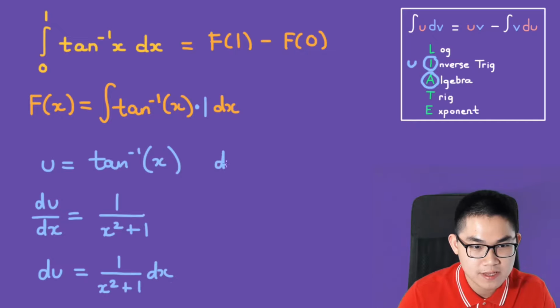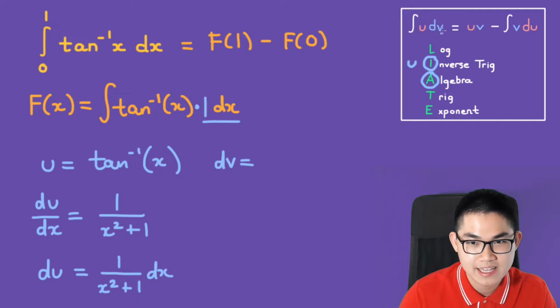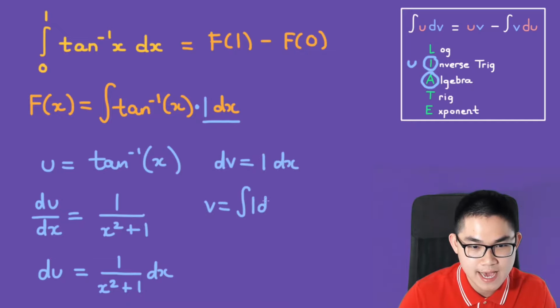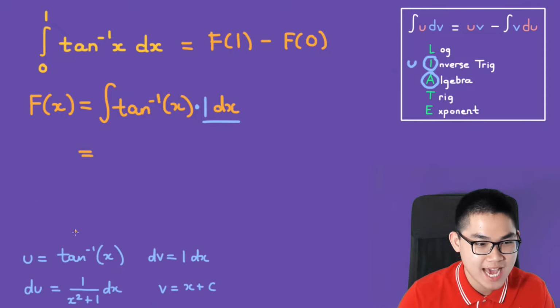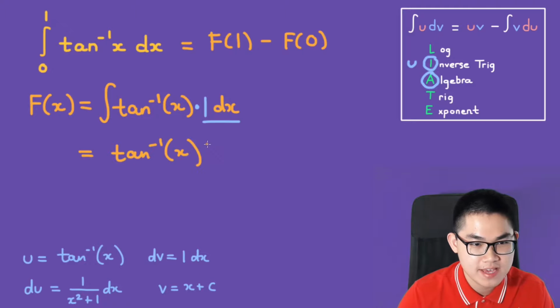And how about dv? Well, dv will be this part, right? Because this is the u, and the dv will be this part. So 1 dx. And v will be the integral of 1 dx, which is x plus c. So we have u times v, right? So u is arctan of x times v, and v is simply x, minus the integral of v du.